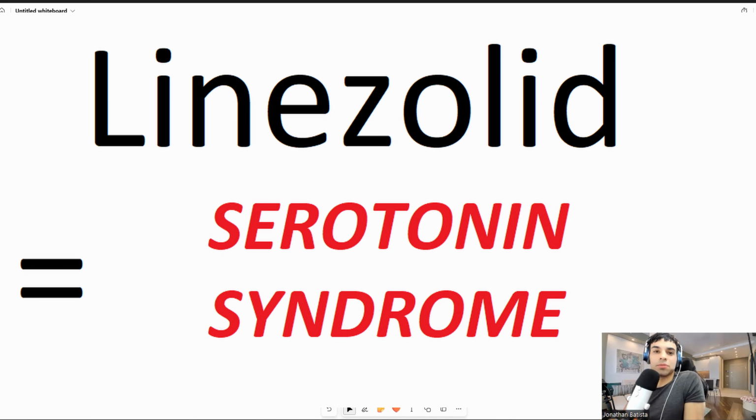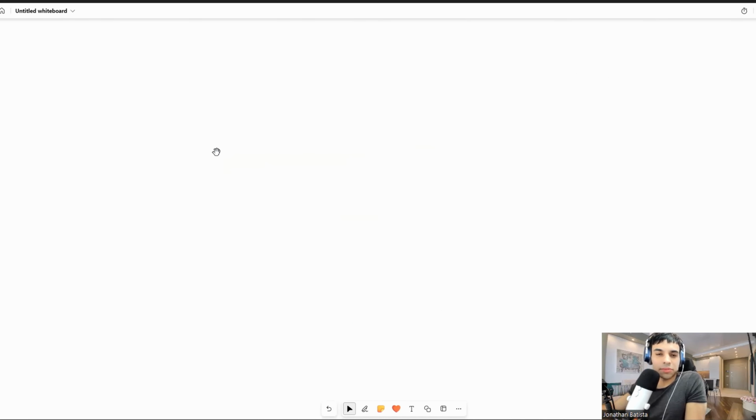Let's say vanco, thrombophlebitis, red man syndrome. Every single antibiotic on a list will have a weird side effect. At a clinical level, it might be very rare that we actually see something like this, but for testing purposes, we have to know these crazy side effects.